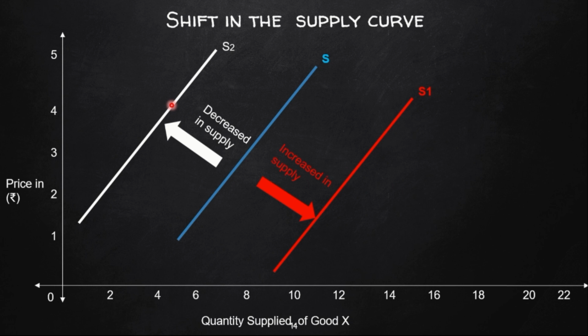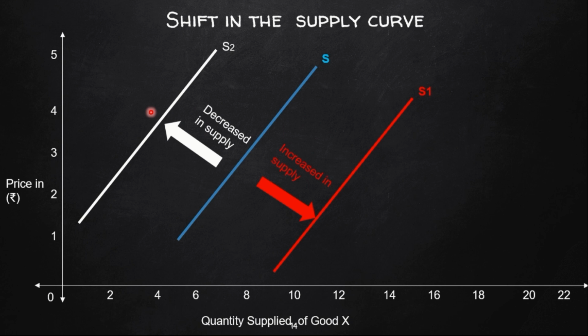Remember, the supply curve shifts to the right when there is an increase in the quantity supplied due to changes in the non-price determinant while price is constant, and the supply curve shifts to the left due to changes in the non-price determinant while the price remains constant.